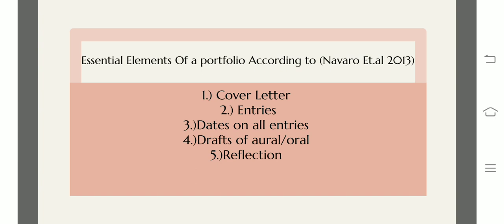We forgot as well that in our reflection part we should put the changes, so that we can really see the progress, whether there was a change or not.